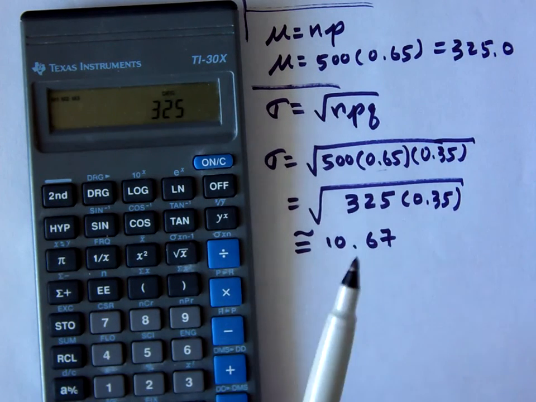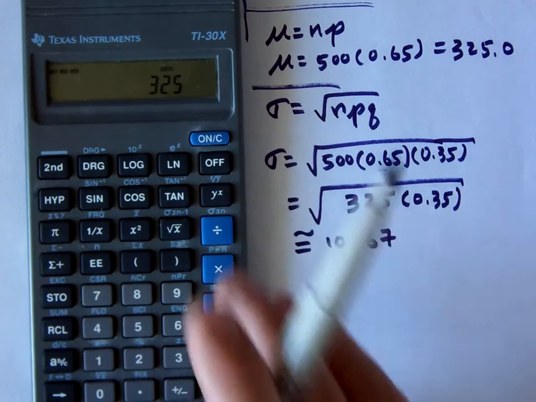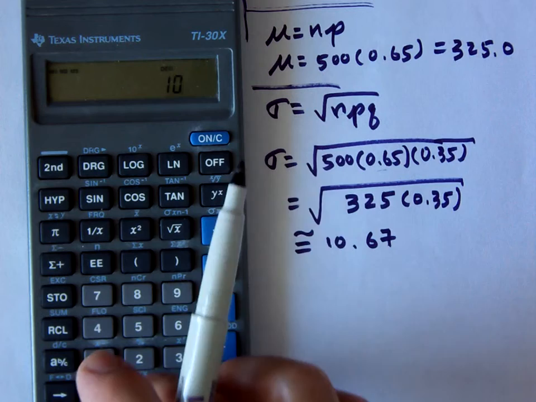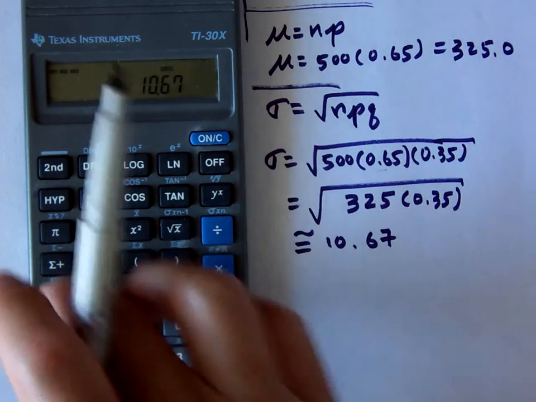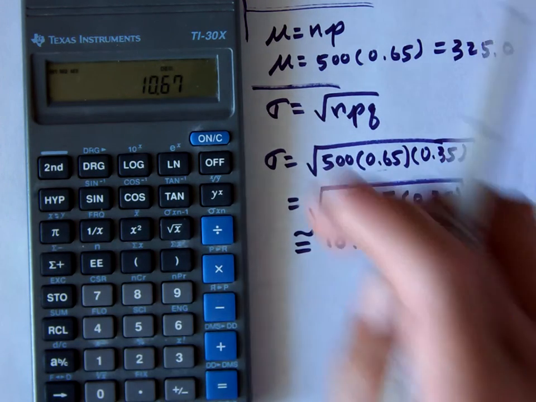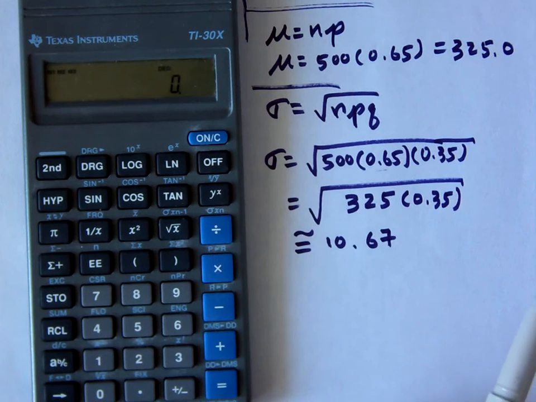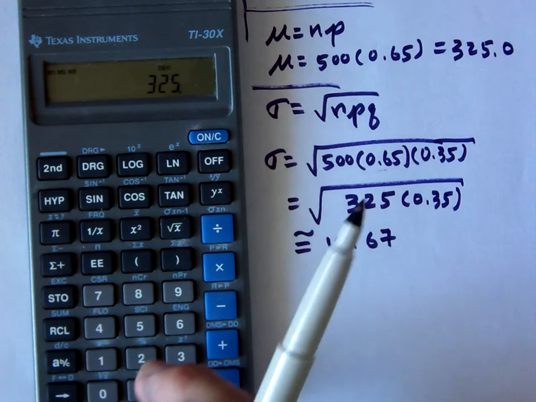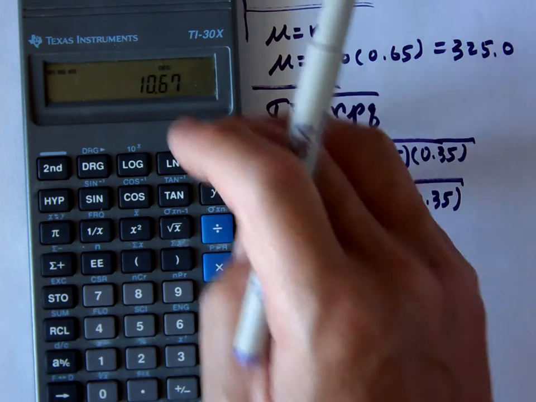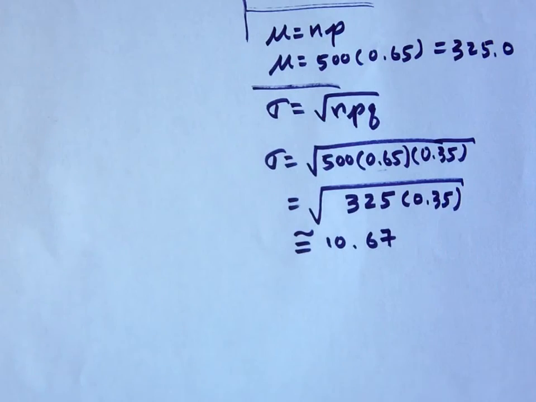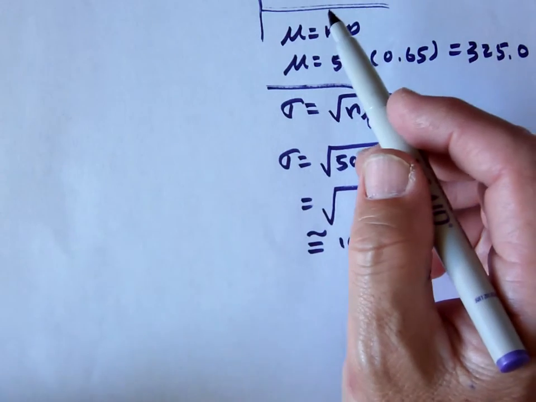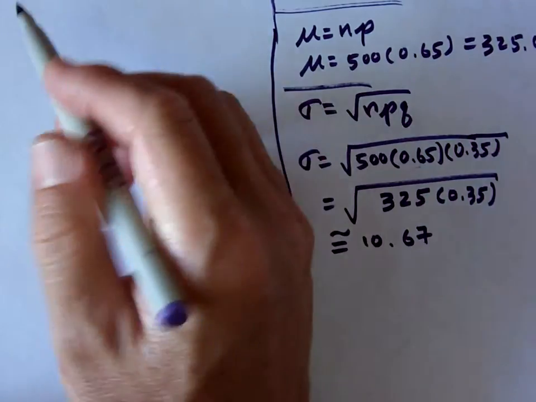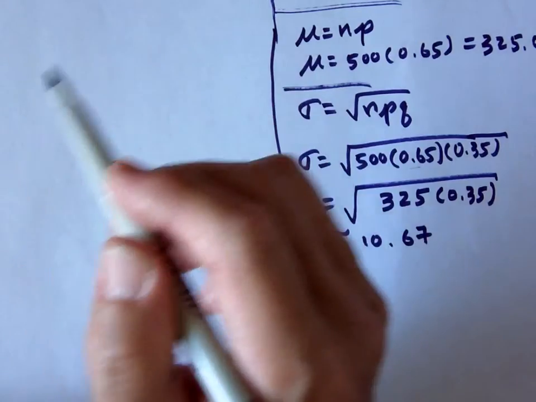That goes into memory cell 1, STO 1, and 10.67 goes into STO 2. Let me verify this by clearing: recall 1 is there, recall 2 is there. All right, so let's go. What we need to do now is this probability computation.